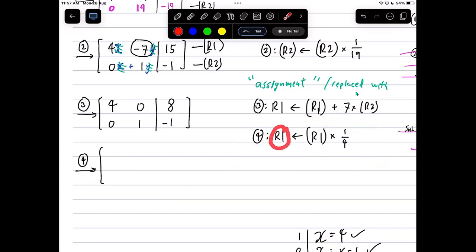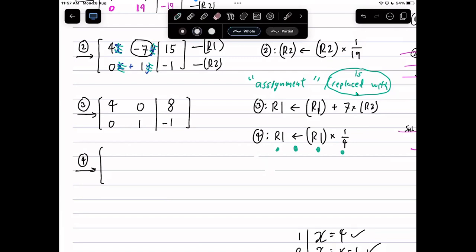This is row 1. What's the arrow representing? Assignment. Or you can read it as is replaced with. Okay. So row 1 is replaced with the old row 1 times 1/4. Maybe I write it in English.